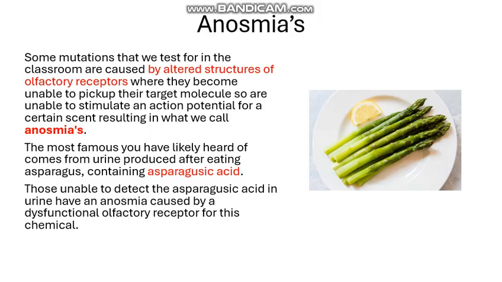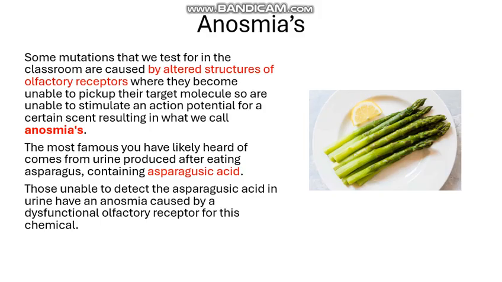Those unable to detect the asparagusic acid in the urine have an anosmia caused by a dysfunctional olfactory receptor for this chemical. So our asparagusic acid receptor has a mutation in it.